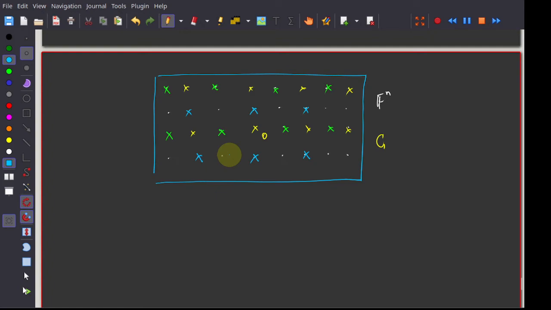So the set of blue points forms another coset. Fn is the set of all points. Each color represents one particular coset.